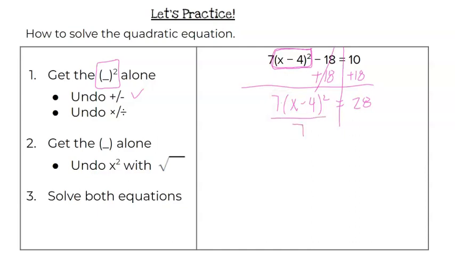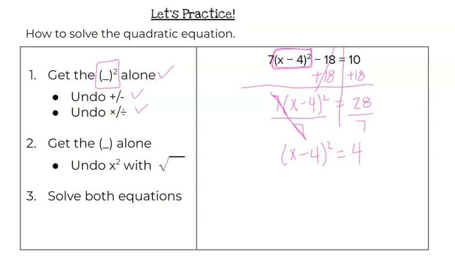So we're going to undo that with divide by 7. When we do that, those 7s cancel, and we're left with the parentheses squared. So x minus 4 squared equals 28 divided by 7 is 4. So we got the parentheses squared alone.